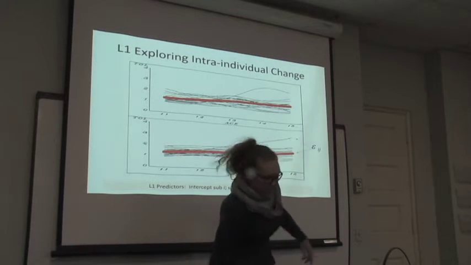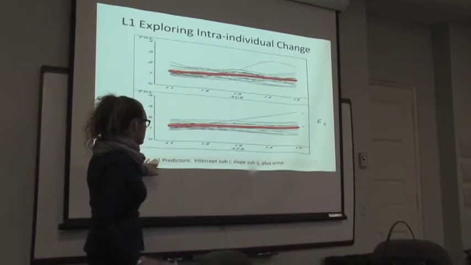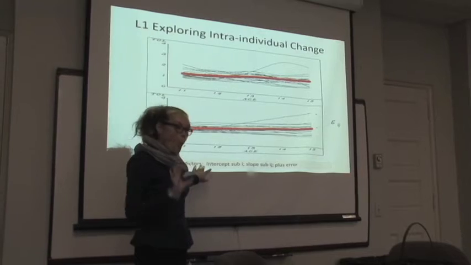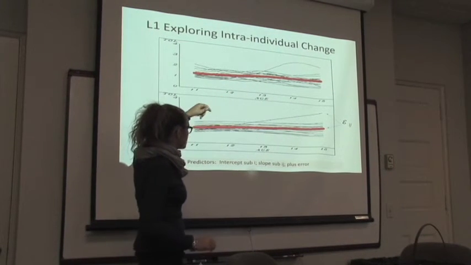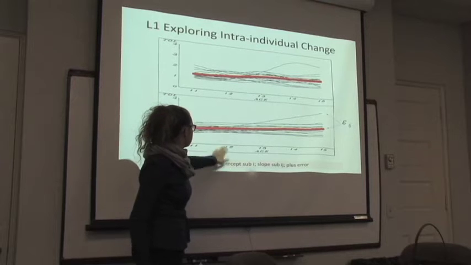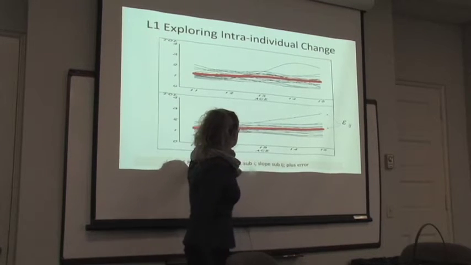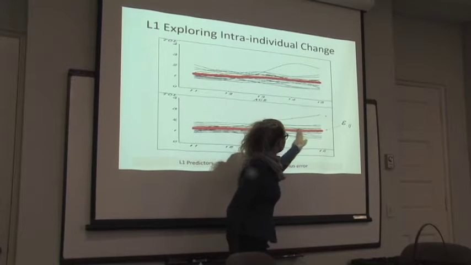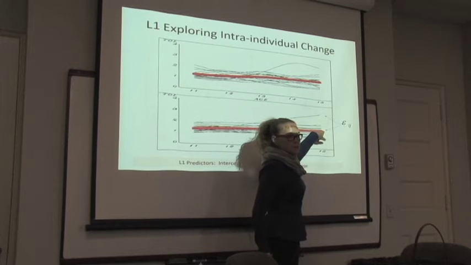You can also think about this in terms of what are the components of what's going on here, the core level 1 predictors of individual change. And so we've got the intercept here, right? And then the slope, and this is the predicted slope here. And then this would be an example of one error term, right?